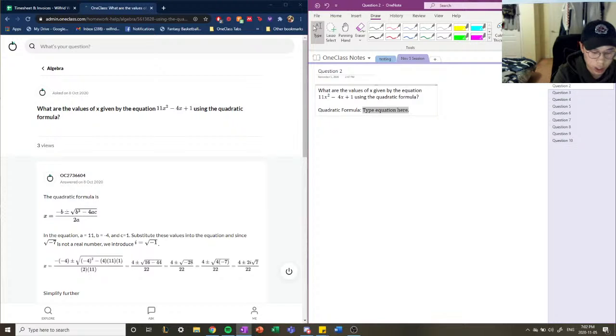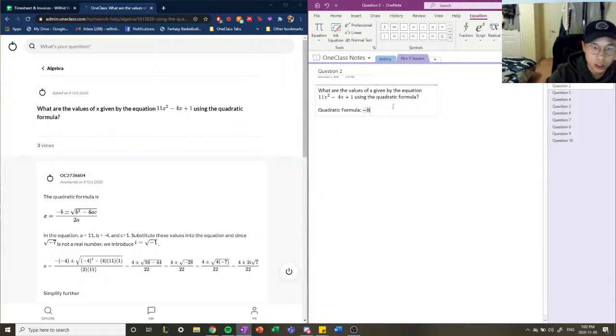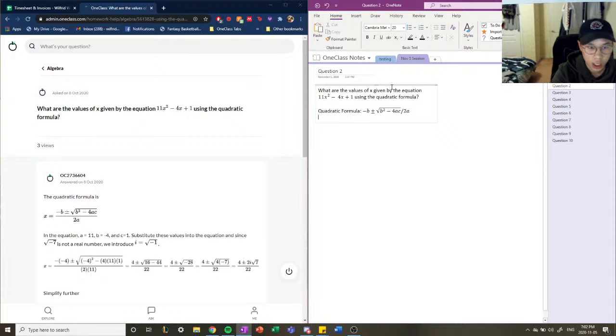The quadratic formula is negative b plus or minus the square root of b squared minus 4ac, and that is all divided by 2a. So this is our quadratic formula, where a, b, and c are the coefficients of our quadratic equation.